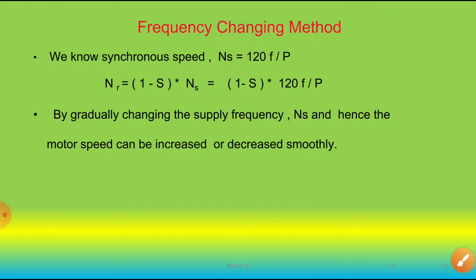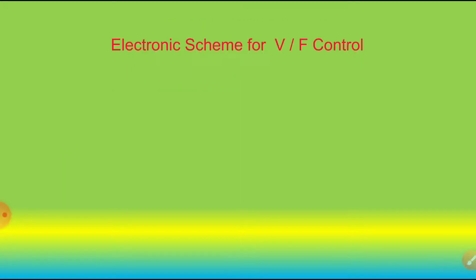Then by gradually changing the supply frequency, the synchronous speed and the motor speed can be increased or decreased smoothly. That means when the supply frequency changes, its speed also changes. You can see here, Nr is equal to 120 f by P into 1 minus s, keeping the others constant at a time.